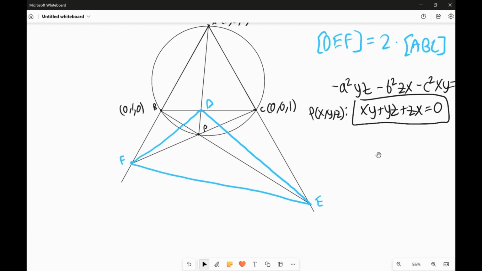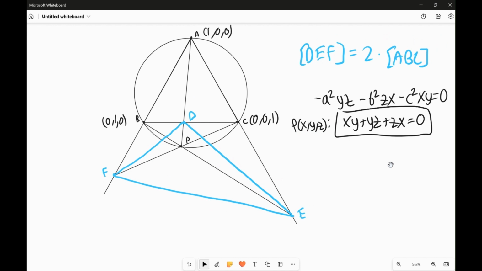So if P equals (x, y, z), then the line AP is given by (t, y, z). When t equals 0, that means it lies on the side BC because there's no vector corresponding to A, or if you'd like to think of it this way, the area of BDC is equal to 0 because all three points are collinear.